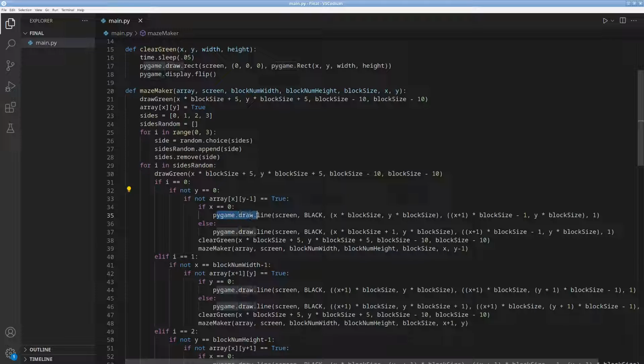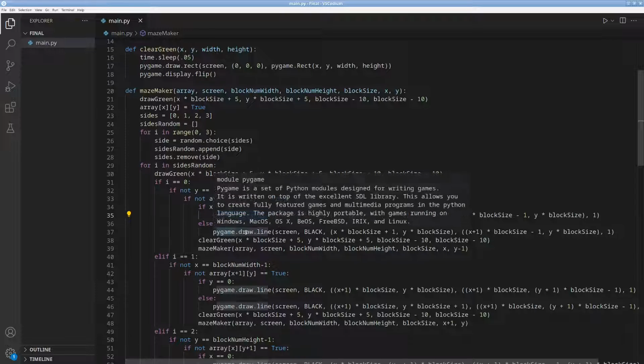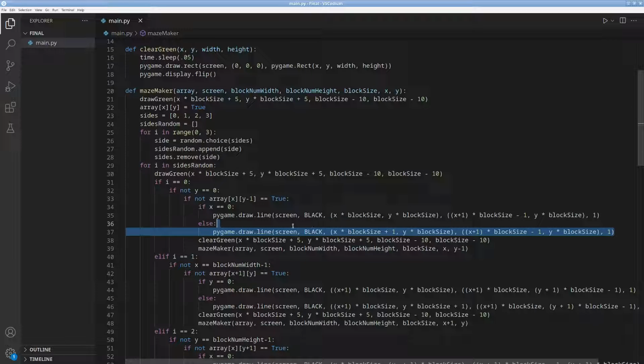So pygame draw line. Else pygame draw line. It's the same line. No, it's not the same line. Block size +1. Else if x equals 0 and it goes up.